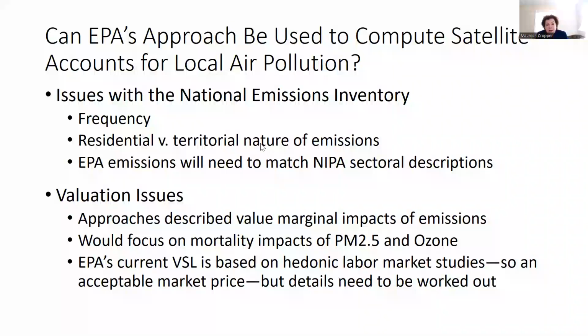This is a small matter. I don't think it can't be resolved. And of course, EPA's emission categories would need to match sectoral descriptions of the economy that the National Income and Product Accounts use.